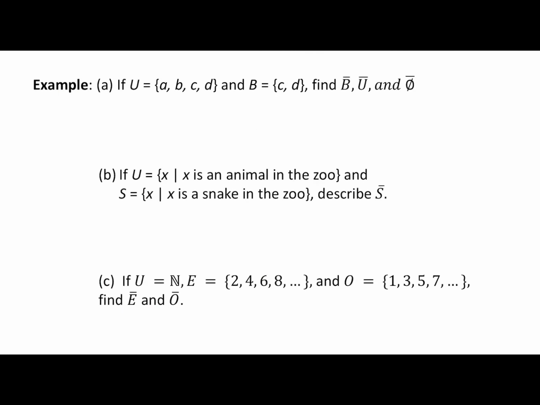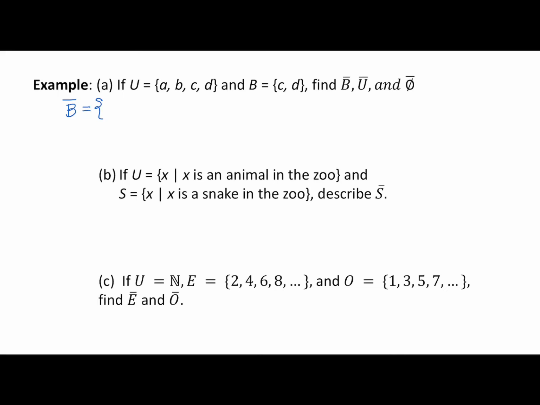All right, so let's try finding some examples here. If my universe is the set containing A, B, C, D, so I live in the land of just A, B, C, D, and B is the set containing C, D, let's find the following complements. Let's start with B complement. B complement is everything in U that's not in B. I just go through the elements of U and decide, is it in B or not?